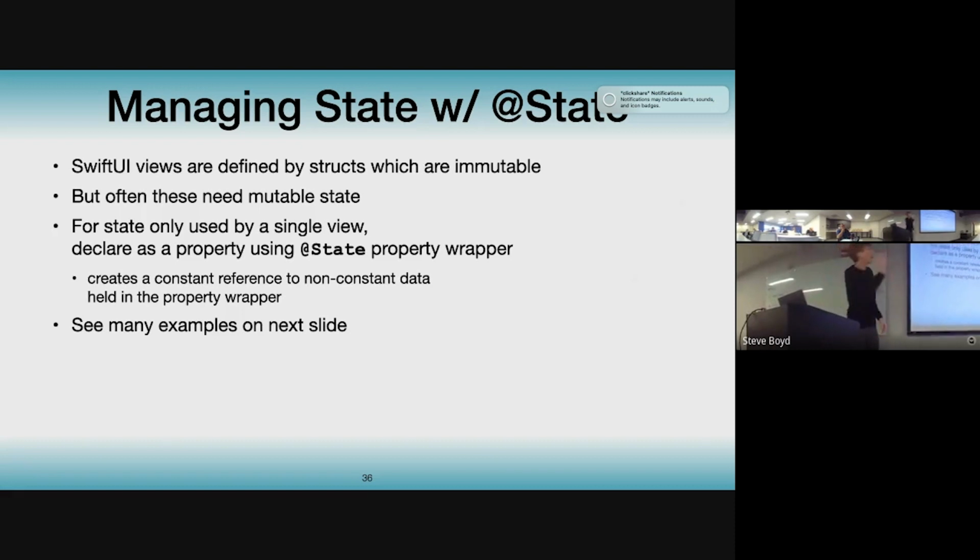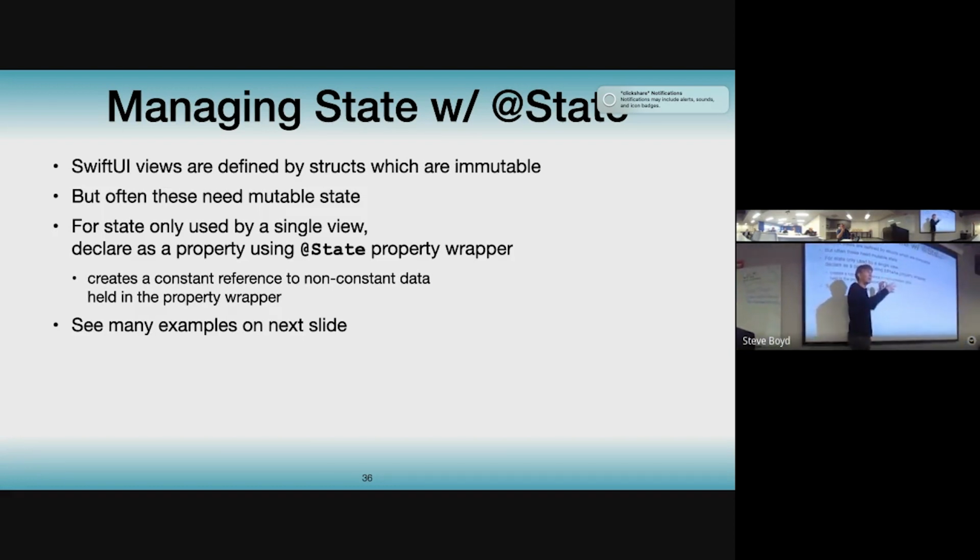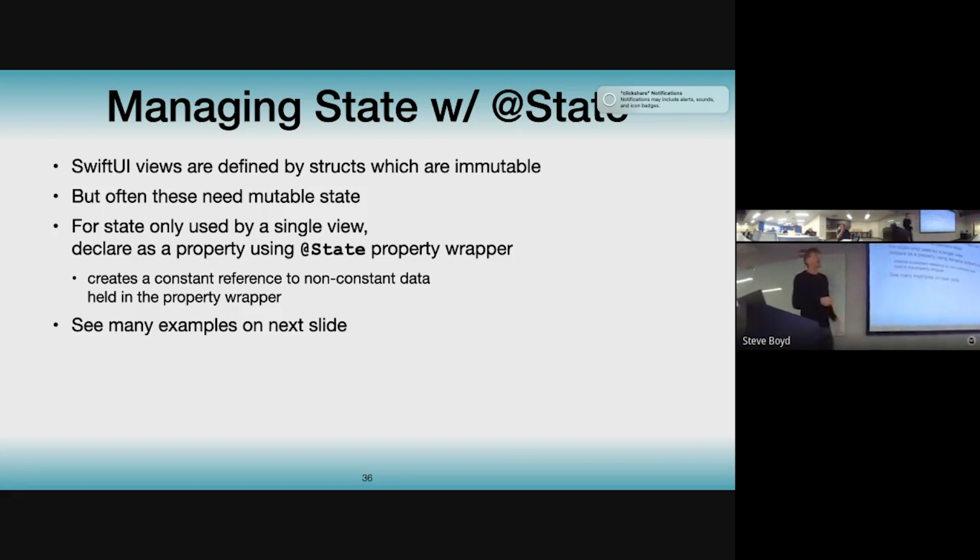And then a lot of your views need to manage some state. And so the thing to ask yourself is, is this data that only this one view cares about, or is it data that multiple views need? Well, if you only care about it for that one view, then you want to use this approach. You use the @State property wrapper to mark a property to say that this is holding data that can change.